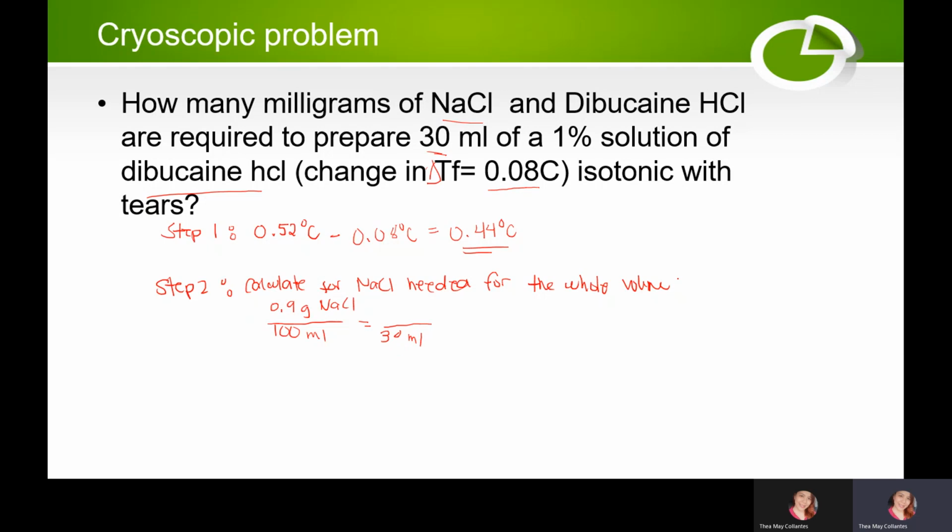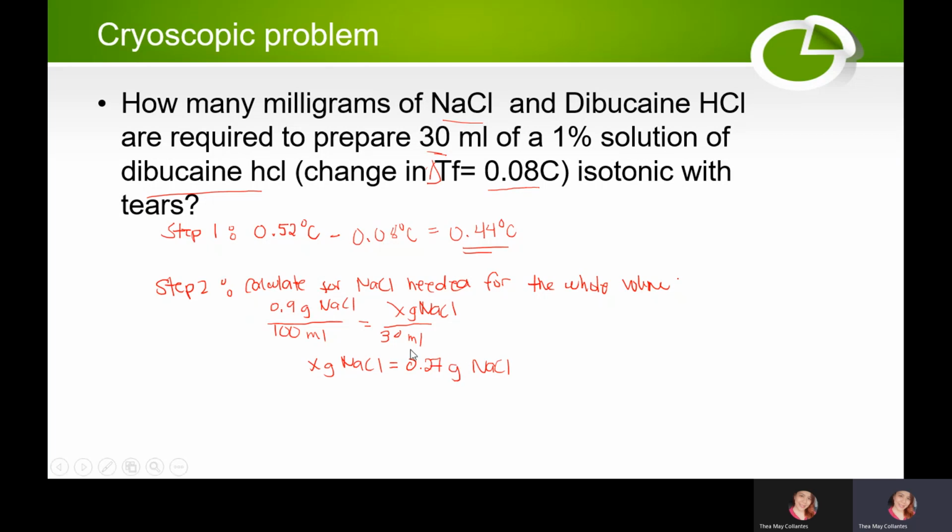That would be 30 times 0.9 x gram of my NaCl for the whole. That would be equal to 0.27 grams of NaCl, right? So it means that my 30 ml needs 0.27 gram of NaCl in order for it to become isotonic.